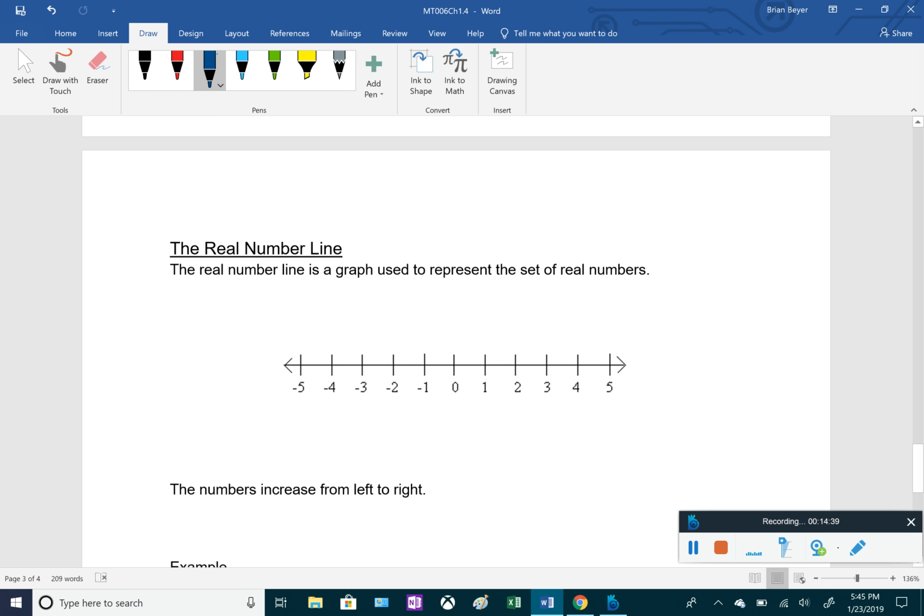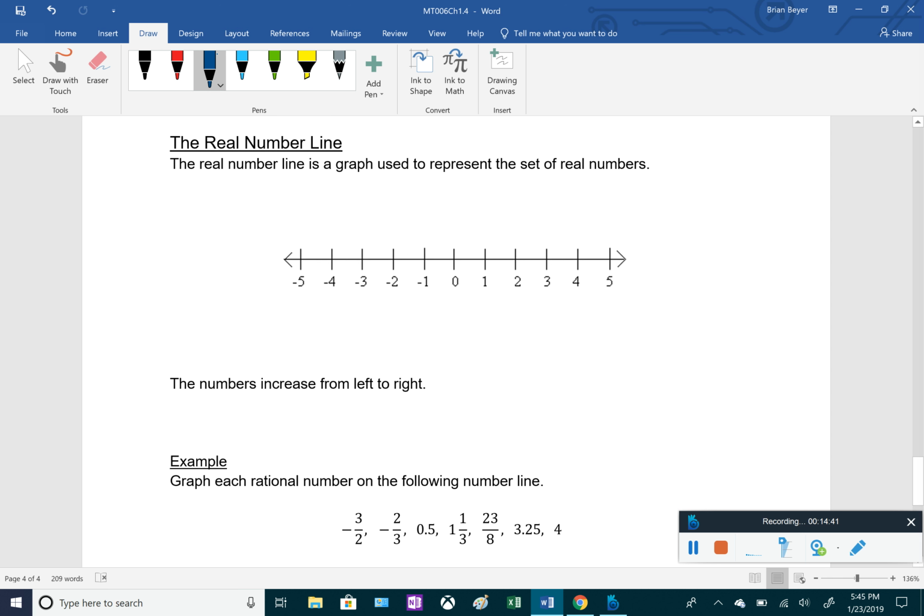So those are the main sets of numbers that we'll be using. For the next thing, the real number line is essentially a one-dimensional graph. It's a graph used to represent the set of real numbers. Here's what the number line looks like, just like the normal number line that you're used to.